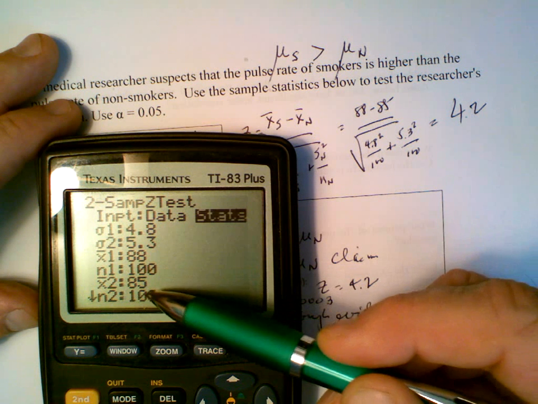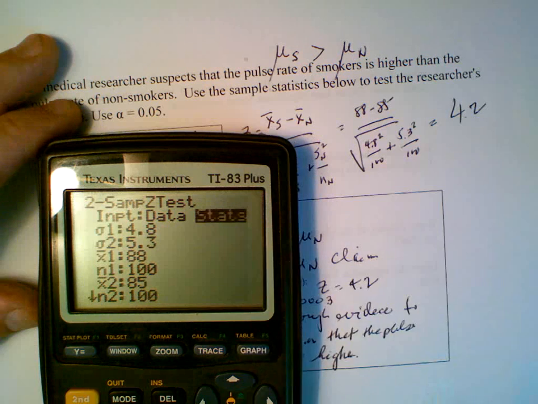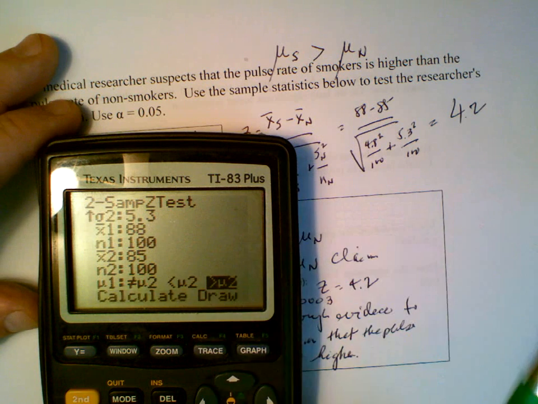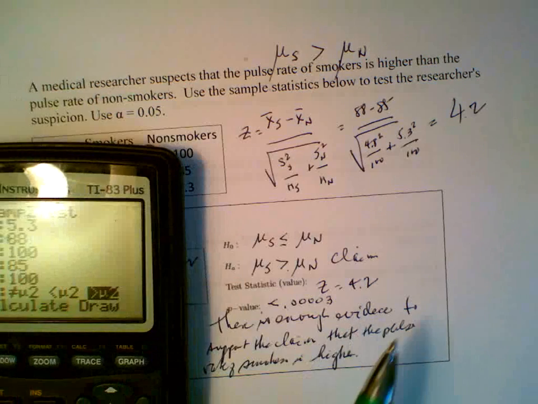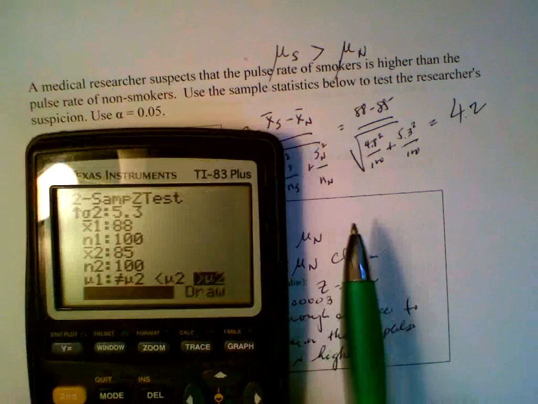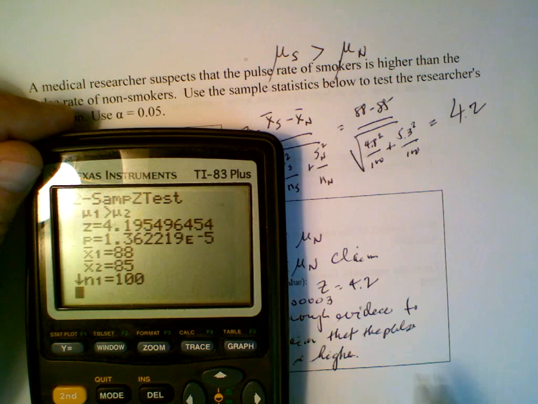There are 100 of them. The pulse rate of these other guys is 85, 100 in the sample, and everything looks okay. It is a right tail test. So we select right tail here, and we calculate.